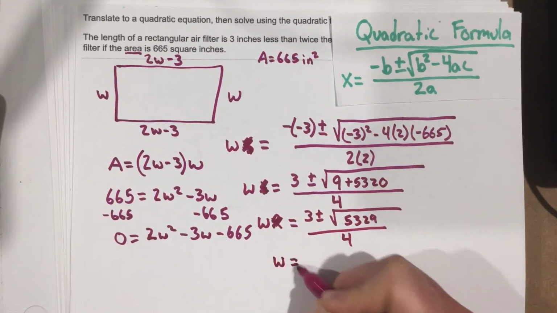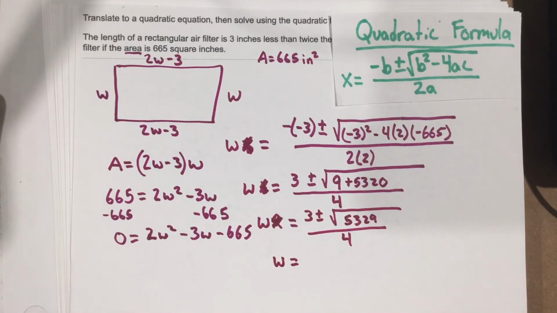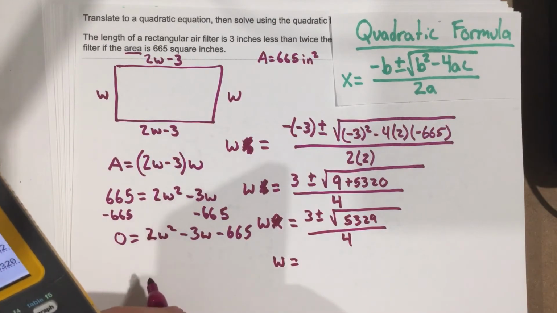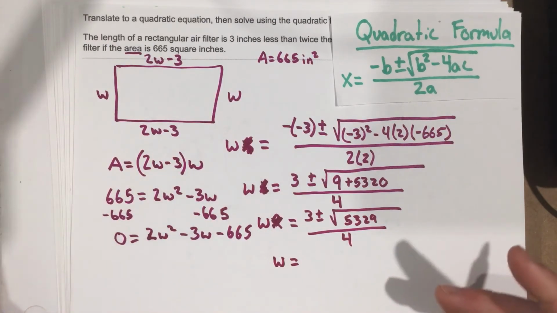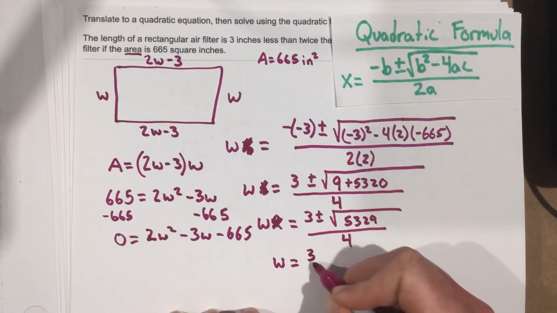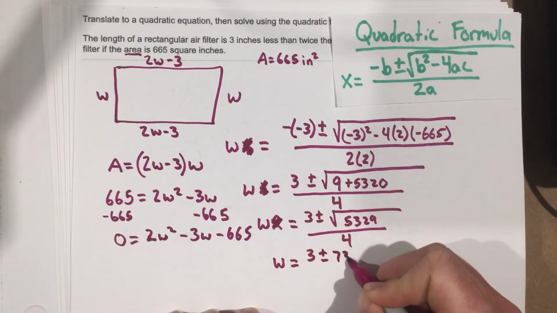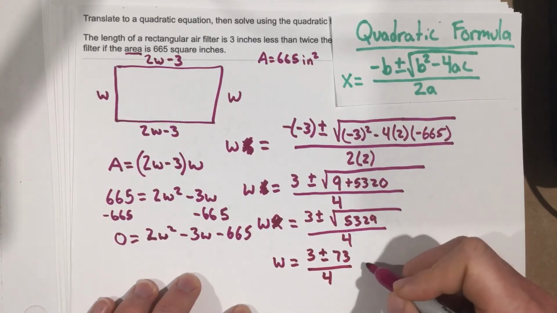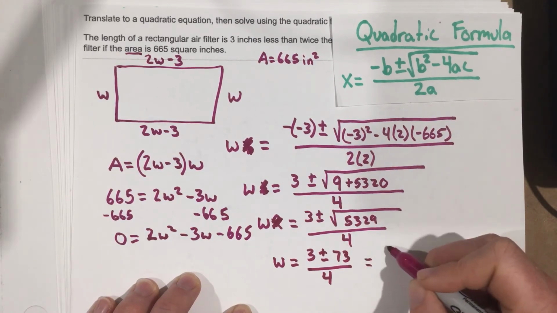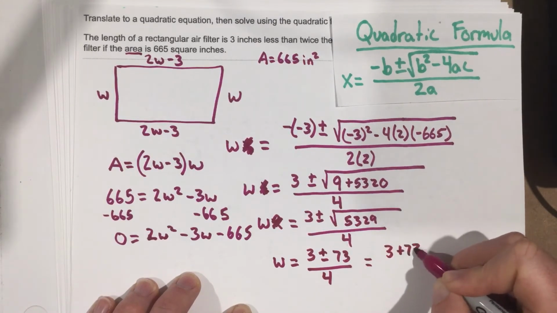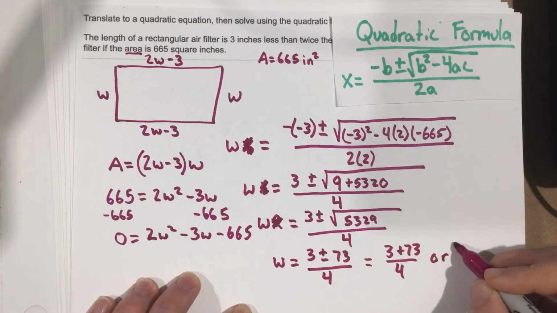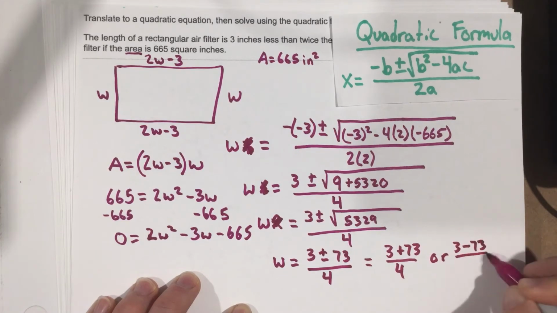So w is going to equal, let's see if we can get the root of that. 5329. 73, holy smokes. So 3 plus and minus 73. I did not expect that to come out even there. So that means that that is equal to 3 plus 73 over 4, or 3 minus 73 over 4.